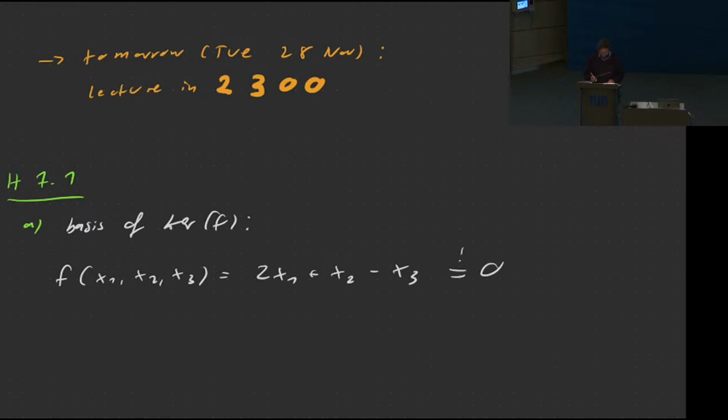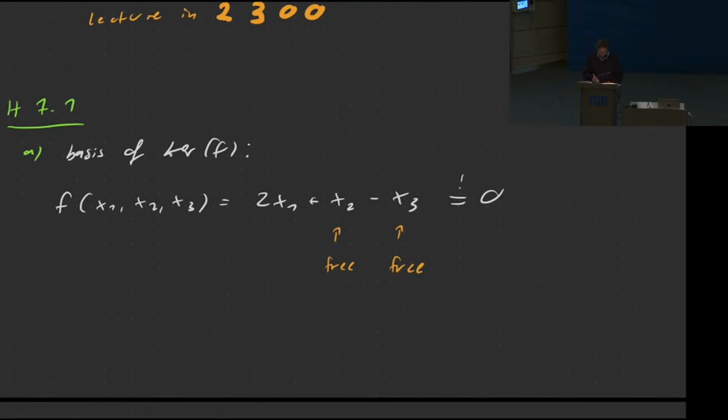So this is the expression for f of x, and I just need to find all combinations with 0. Basically, this is a system of linear equations with just one equation and 3 variables. And you know how to solve these. So in this case, I could, for example, use x2 and x3 as free variables and then solve for x1. So x1 would be 1/2 x3 minus x2.